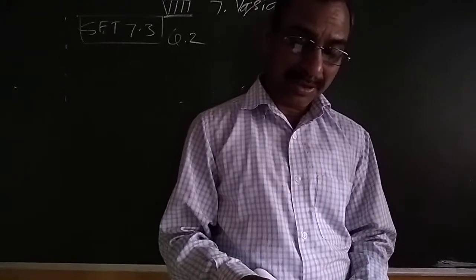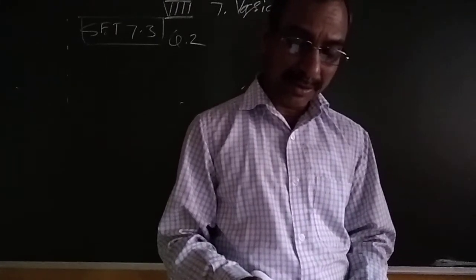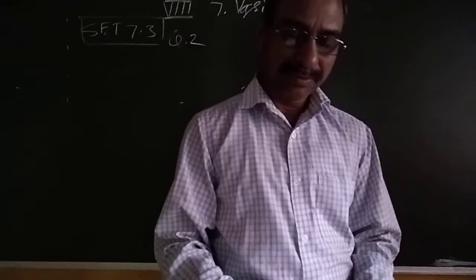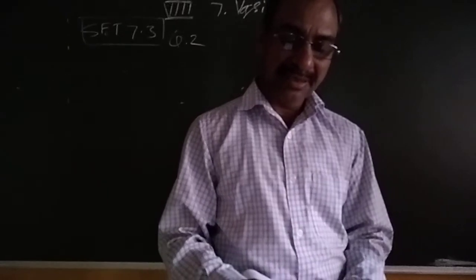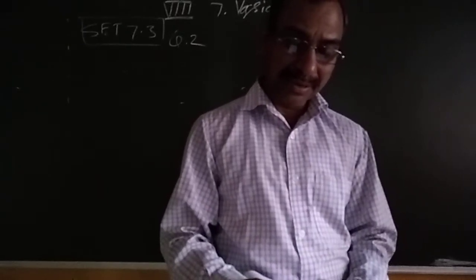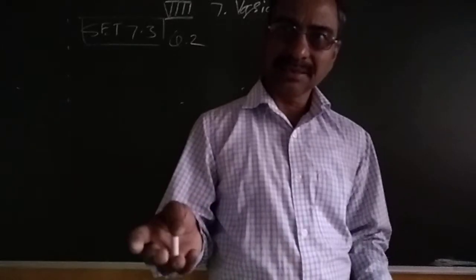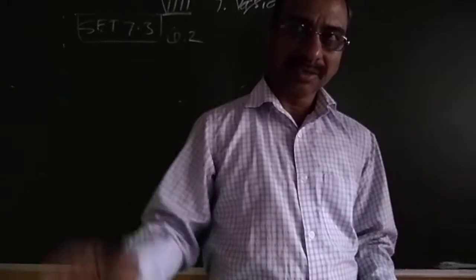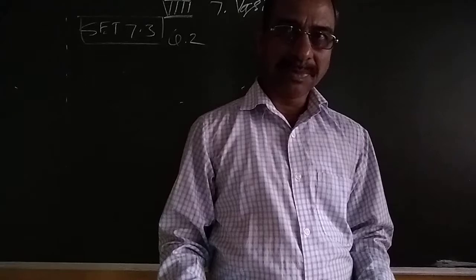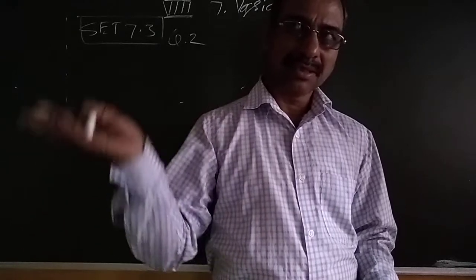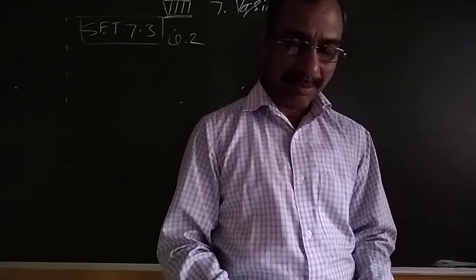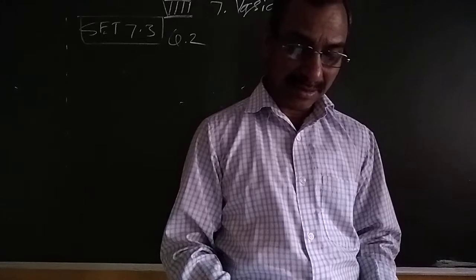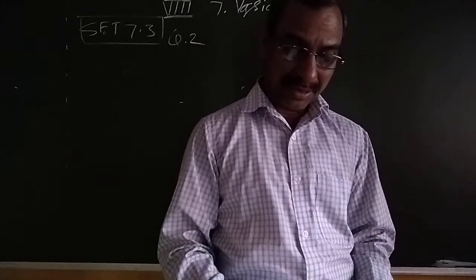Firstly we consider the number of workers and the time, and decide whether it is inverse or direct variation. If workers are increased, the hours required are lower. If workers are decreased, the hours required are more. So it is a type of inverse variation.